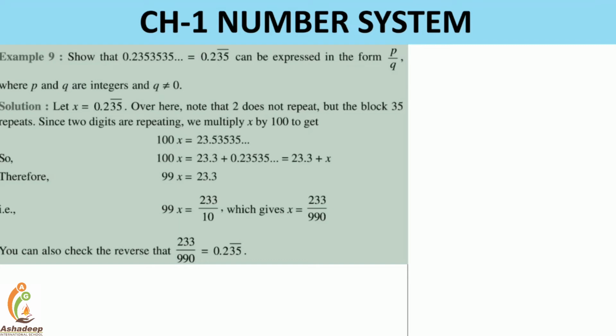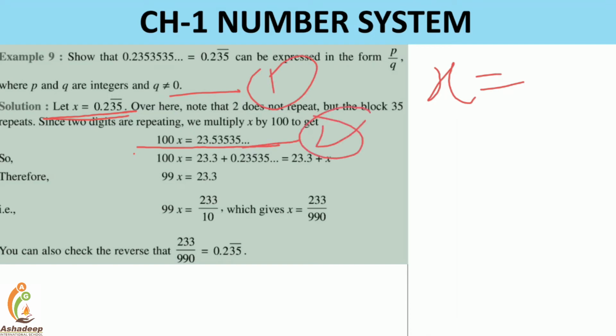Now let's move ahead. So this is the answer, right? Okay, once again I'm repeating here. Let x be equal to 0.235 bar, then multiply it with 100. Now this is equation 1, this is equation 2, subtract both the equations.